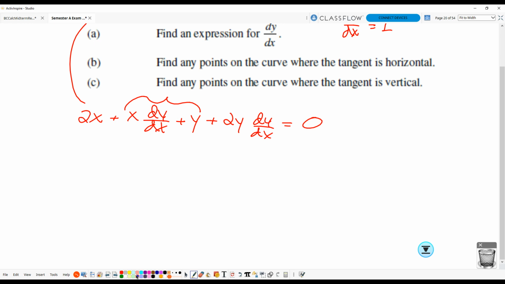Like dividing. So move the 2x and the y to the other side, so these guys go away.